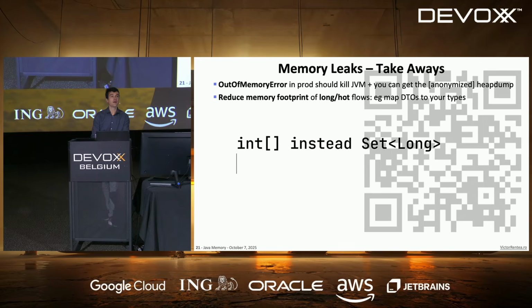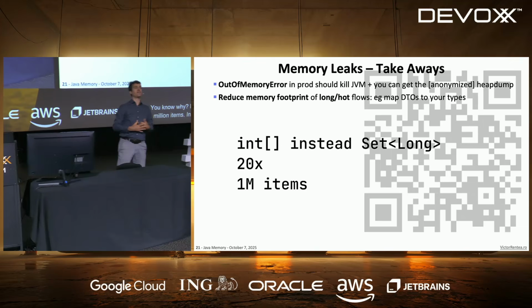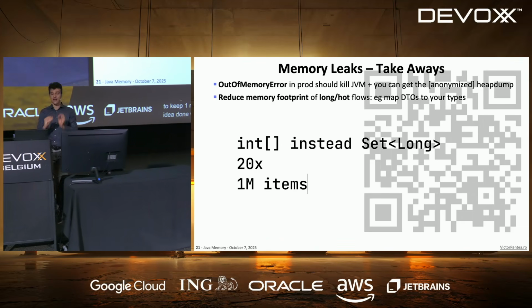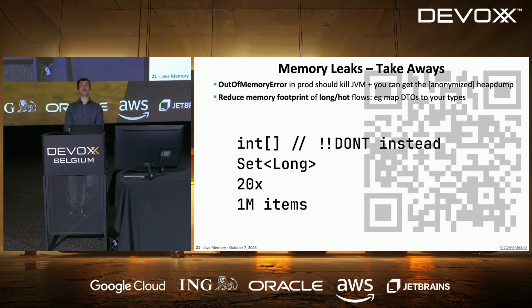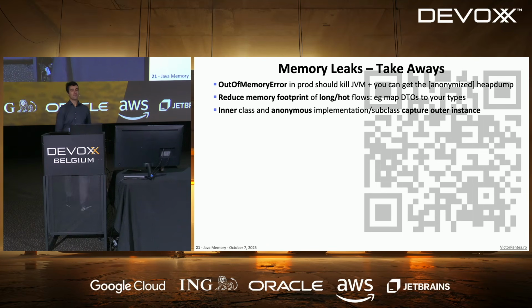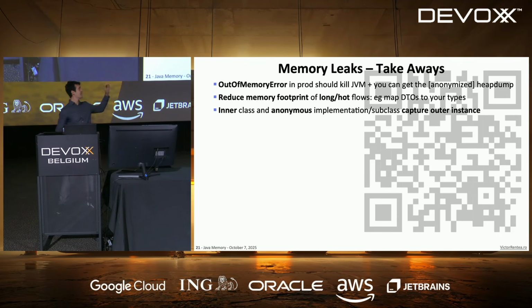You know why? Because it's 20 times more compact. And I had to keep 1 million items in memory to do some sort of matching of some IDs with batch processing a file. I chose int array, and of course I put a comment. I know it's strange, don't change, take your hands off. It's for memory. Inner class and anonymous implementation or subclasses capture the outer instance.